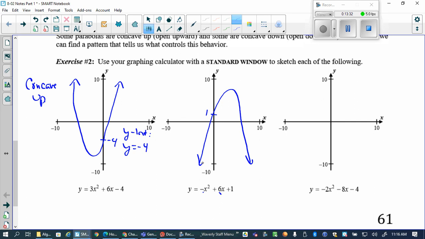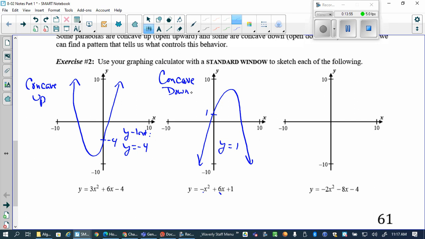Everybody's graph's about like this one. What's the y-intercept? 1, and it's concave how? Concave down. Okay. And then the last one, look at the equation. What's the y-intercept? -4.